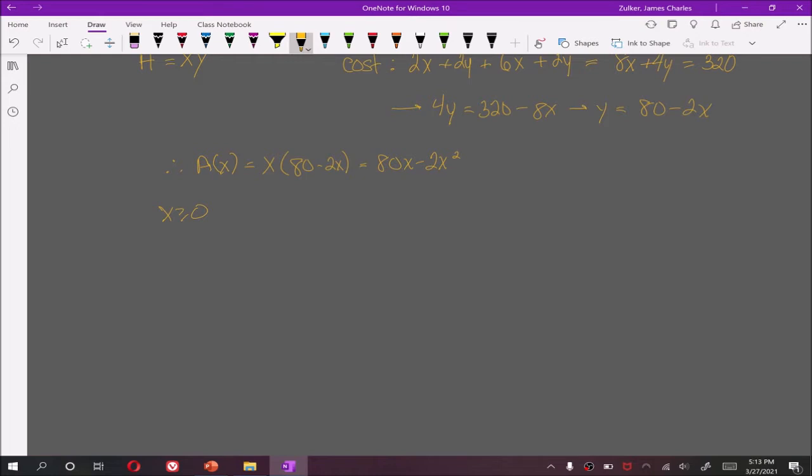Well, that means that y, which is 80 minus 2x, must also be greater than or equal to 0, and we can solve for x. And find that 40 is greater than or equal to x. So our domain is 0 less than or equal to x, less than or equal to 40.